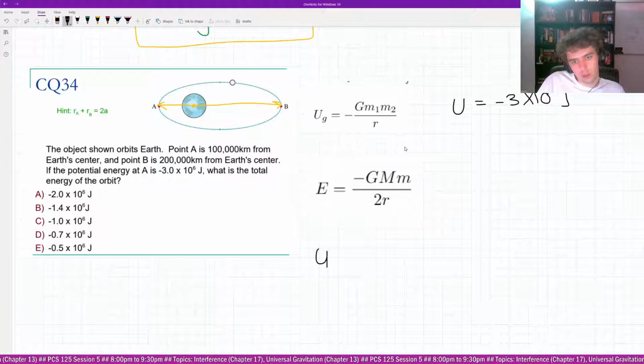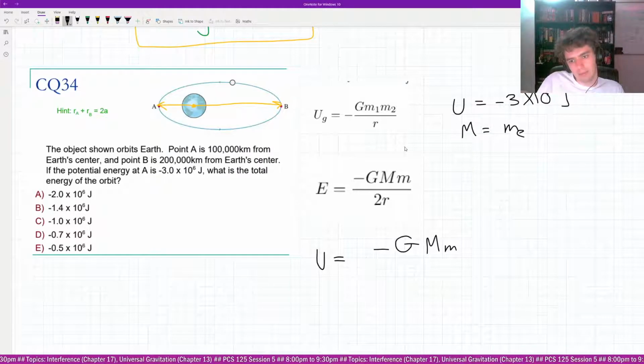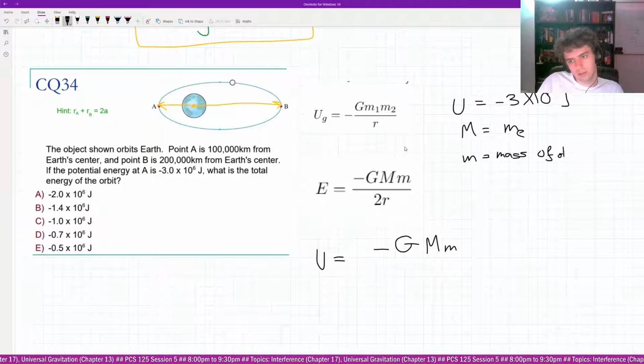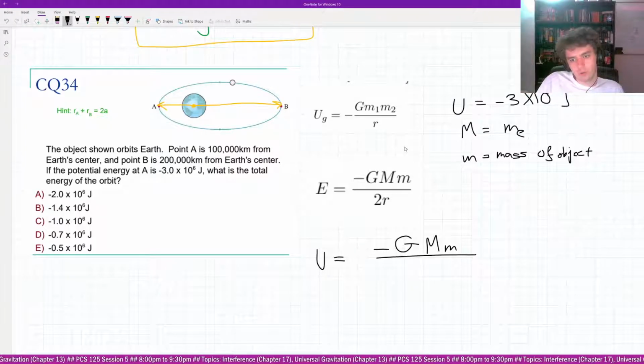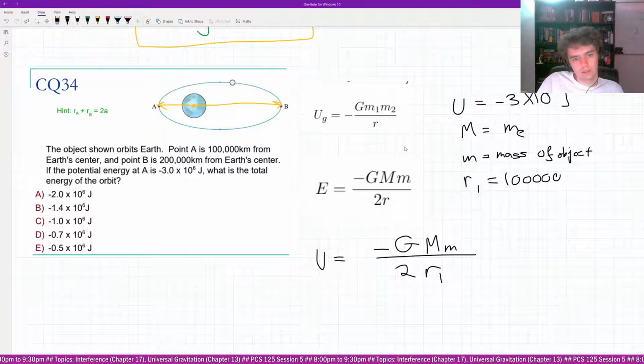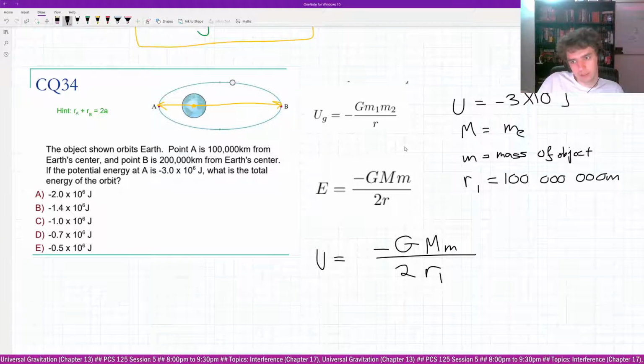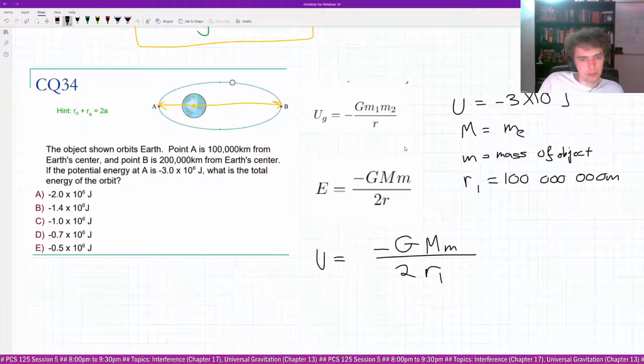We know that U equals -GMm over 2r, where M is the mass of the Earth and m is the mass of the object. Call it R1. R1 is 100,000 kilometers, so 100 million meters. That's true for these specific numbers.